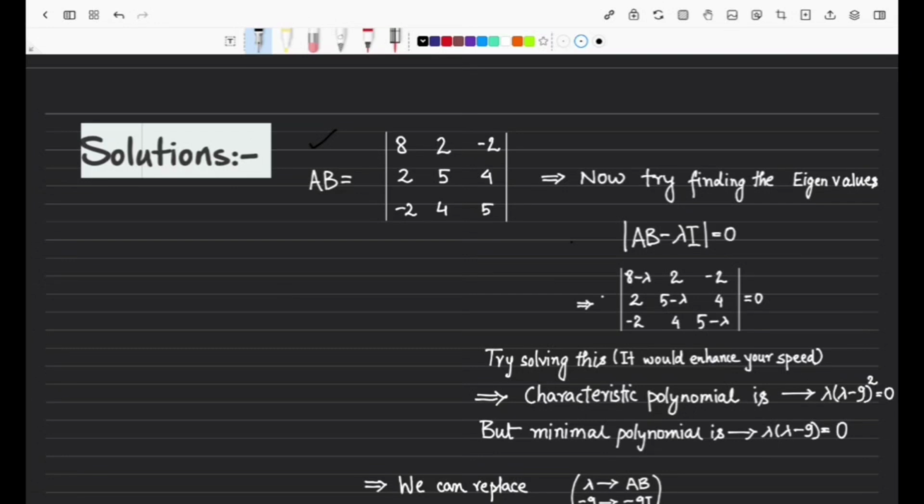So how does that help? When you get the eigenvalues of the matrix AB, as I have said in the lecture video, that is part 1 of the video, with the help of the characteristic equation or the minimal polynomial equation, you can replace the lambda with the matrix, and the constant term, let's say it is minus 6, you can replace with minus 6I, that is the identity matrix, and you can replace the 0 with O, that is the null matrix, right?